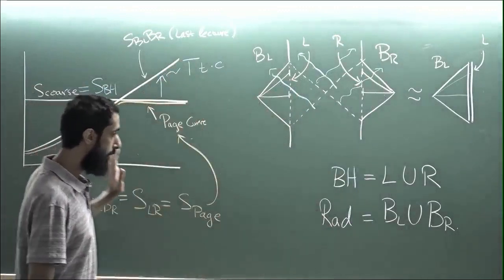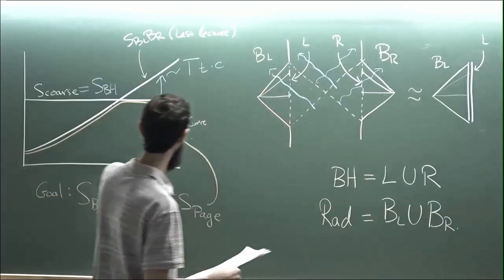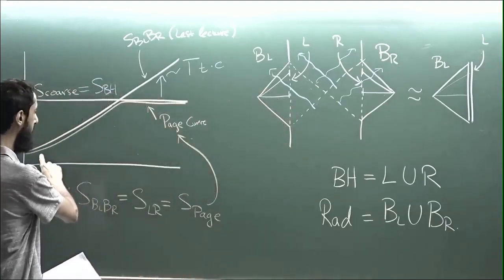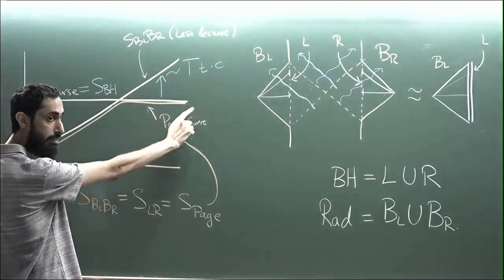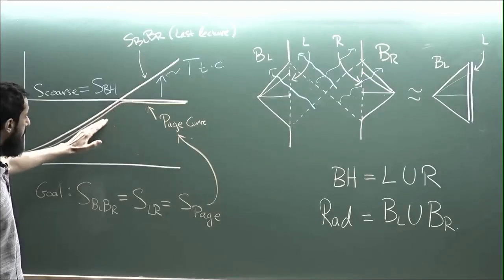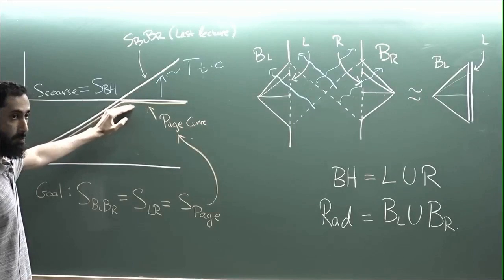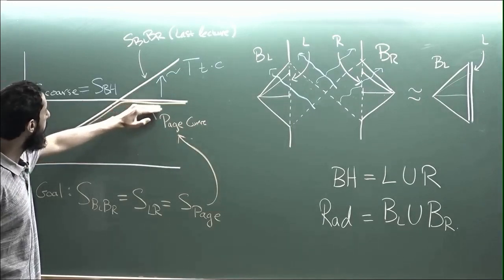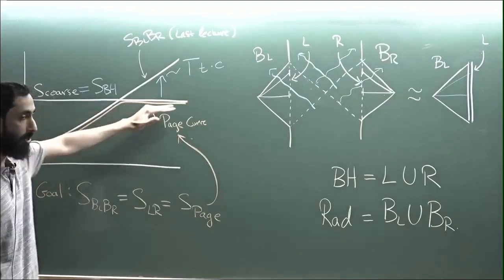Okay, so that was the entropy when we computed the entropy of BLBR. But now we expect that there should be some resolution, which gives us a Page curve, which looks something like this. At the beginning, it follows the growth of the entropy a la Hawking. But then once you run out of room, the Page curve will simply follow the coarse-grained entropy. So it's going to be growing and then become constant.